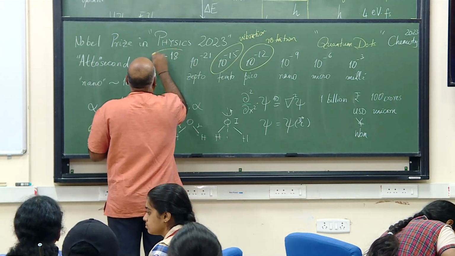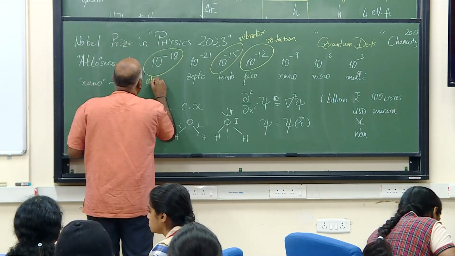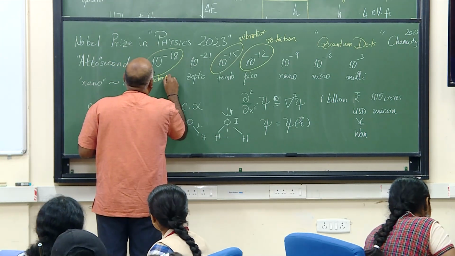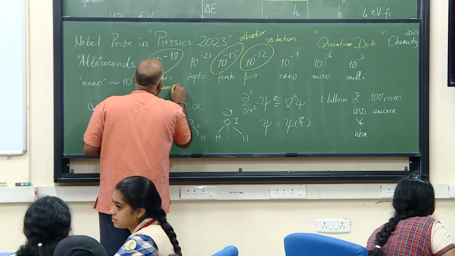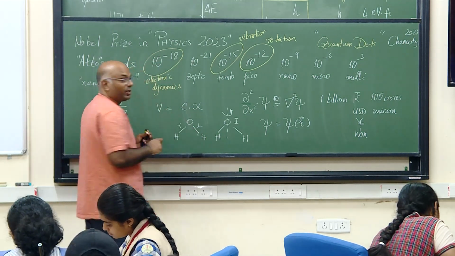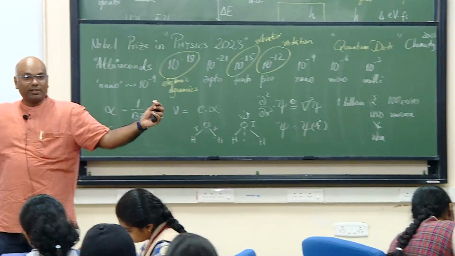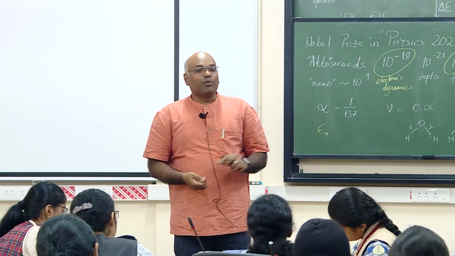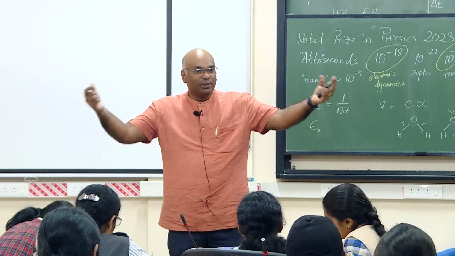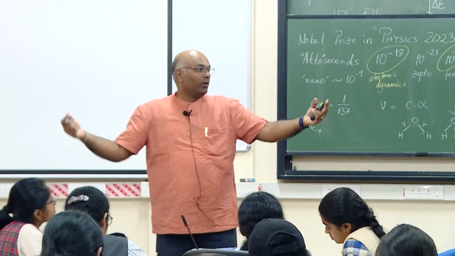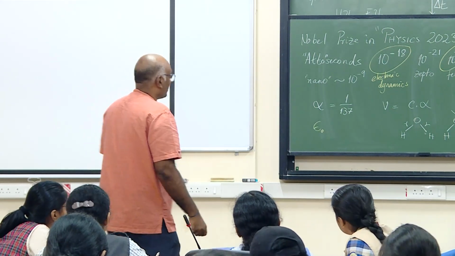And electronic motion happens on attosecond time scales. The point is, if you have light pulses, you can take snapshots of dancing electrons. Okay, now my entire thing is gone, doesn't matter.